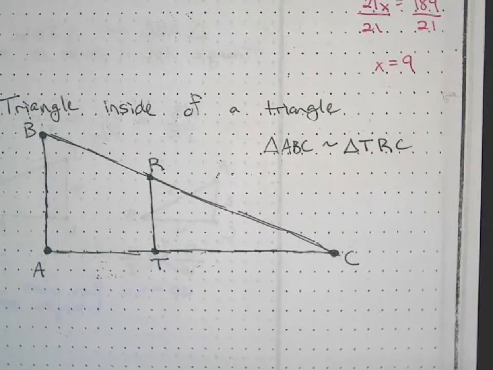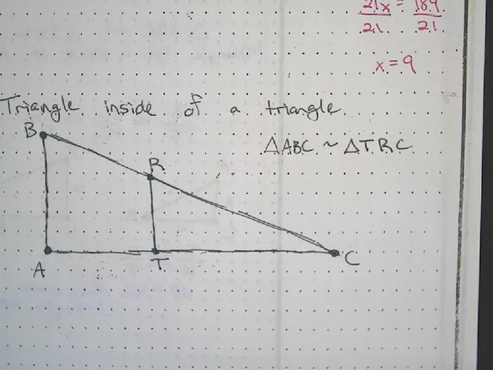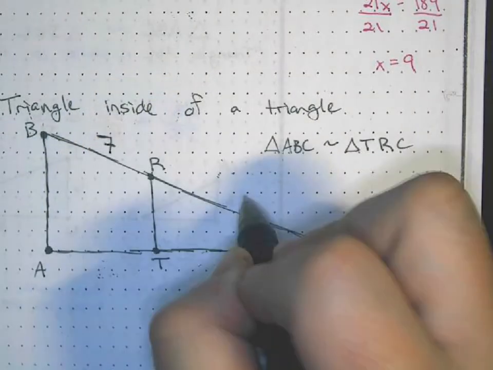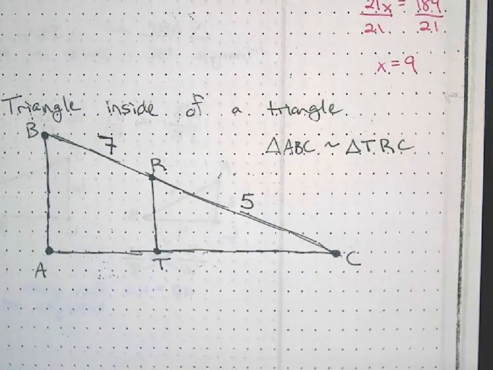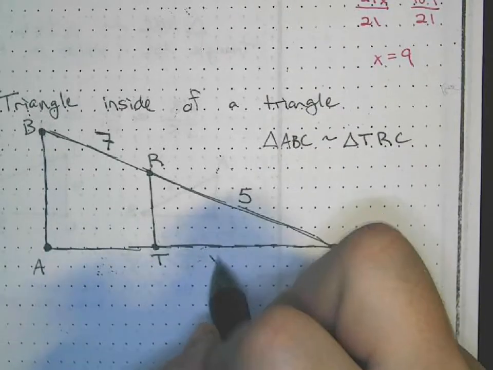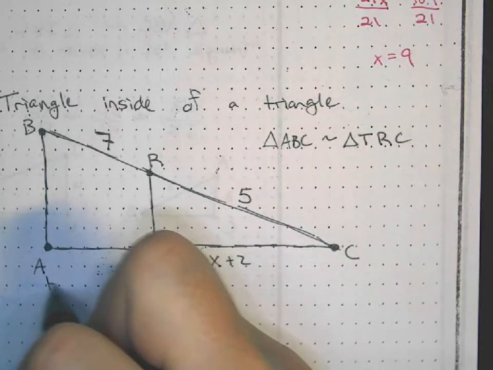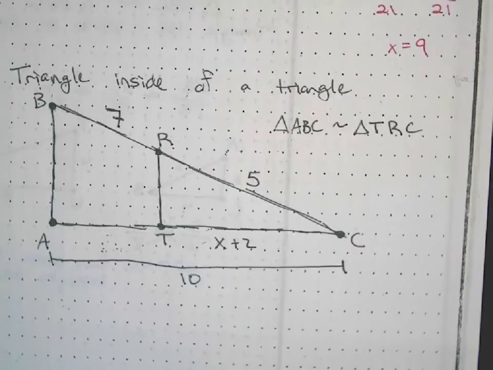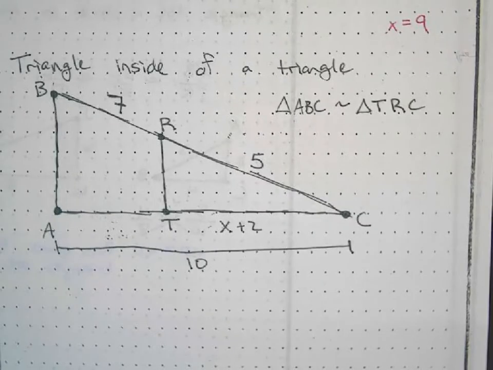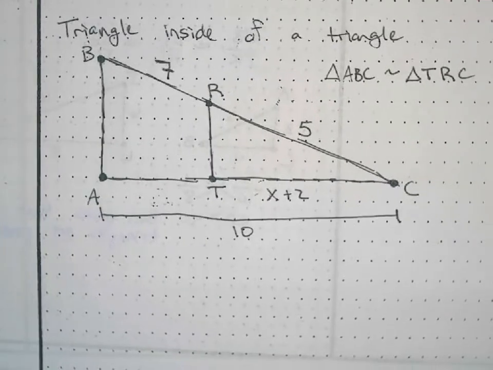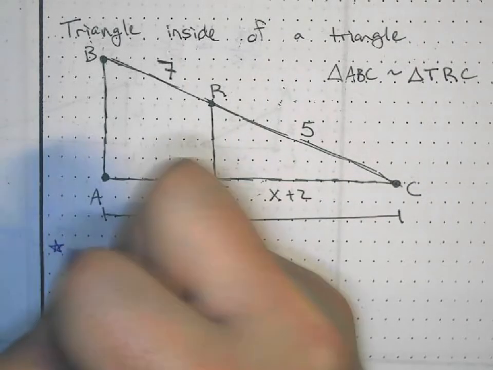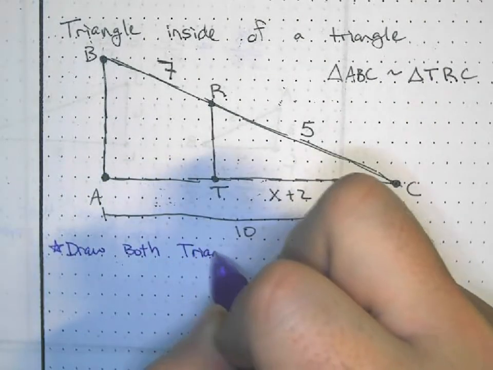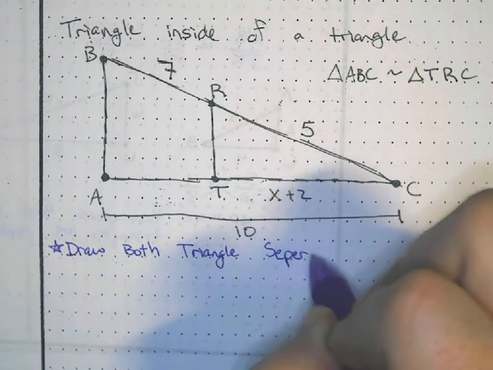And we'll also be given some other information. So when we have something that looks like this, what I highly recommend is to draw both triangles separate from each other.